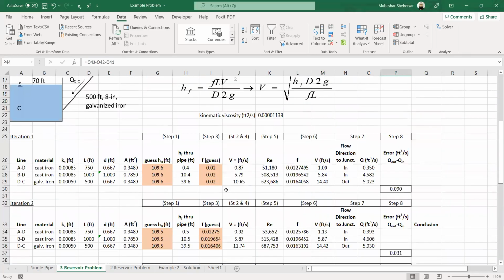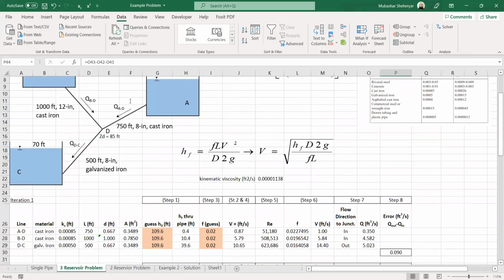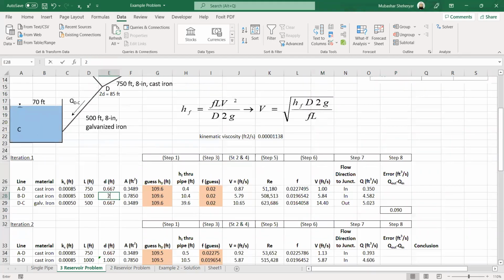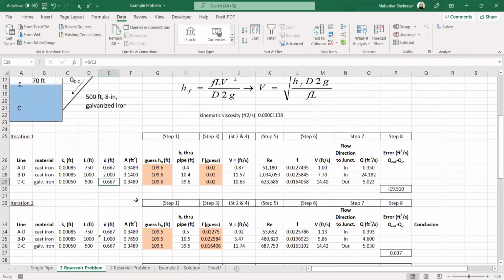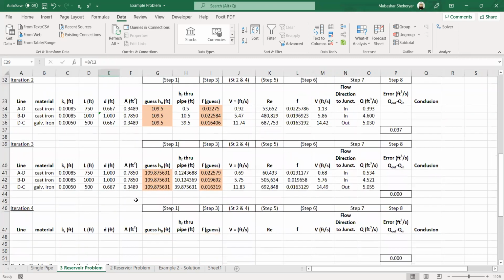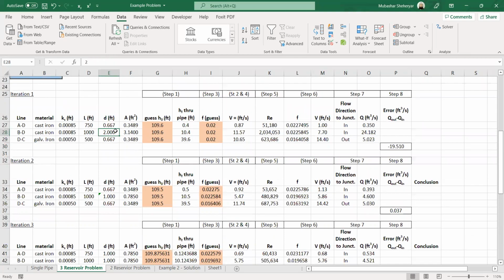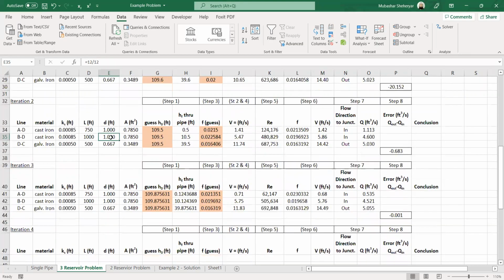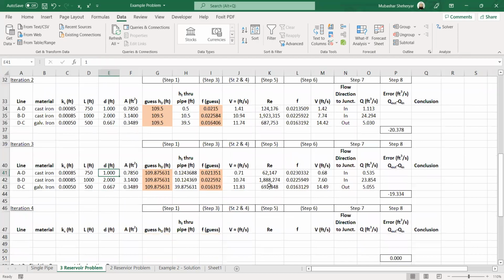Now we can see that increasing the diameter of this pipe does not greatly affect the system. So we will change the diameter of this pipe. Increasing the diameter of this one, now again solve the problem.